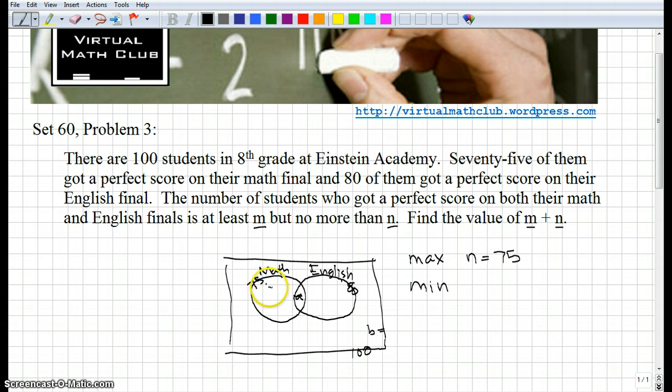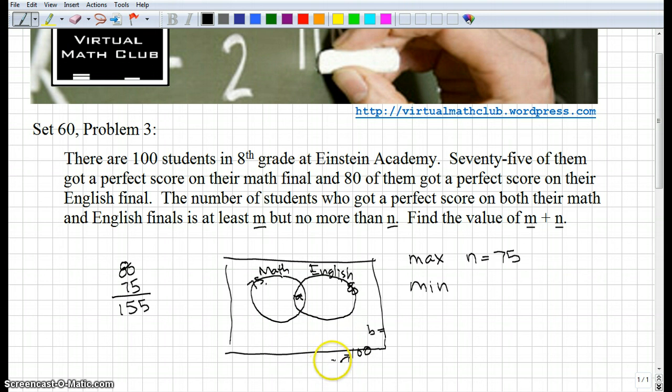If you look at the sum of these two sets, 75 plus 80, what does that end up being? That's 155, right? 80 plus 75 is 155, which is way more than there are in the class. There's only 100 kids in the class.